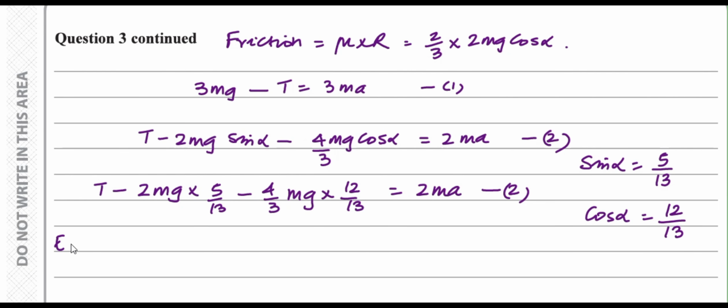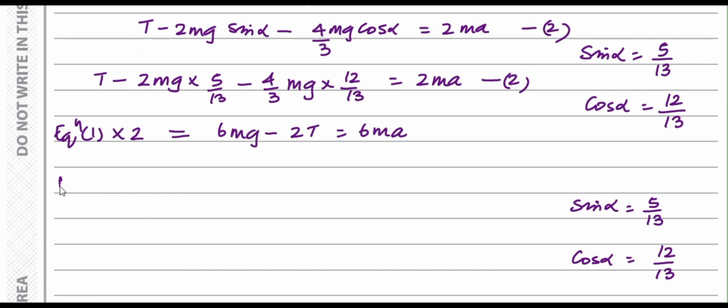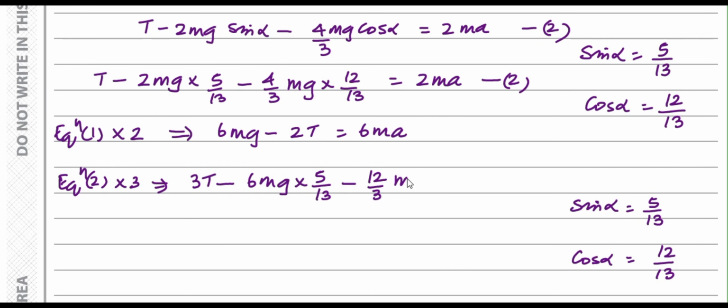So equation 1 multiplied by 2 equals 6 mg minus 2T equals 6 ma, and equation 2 multiplied by 3, we get 3T minus 6 mg times 5 over 13 minus 12 over 3 mg times 12 over 13 is equal to 6 ma.